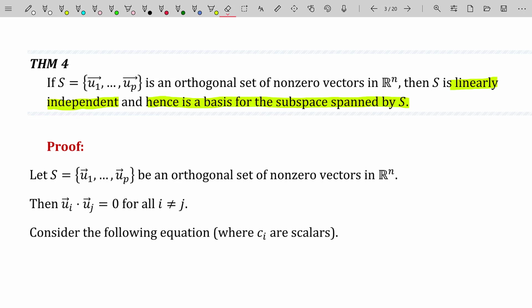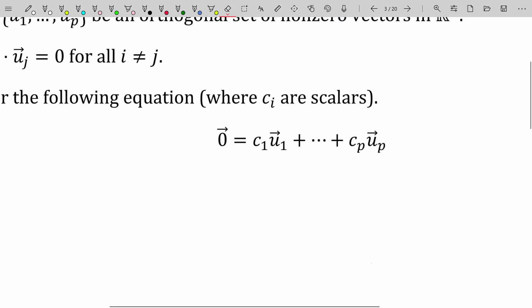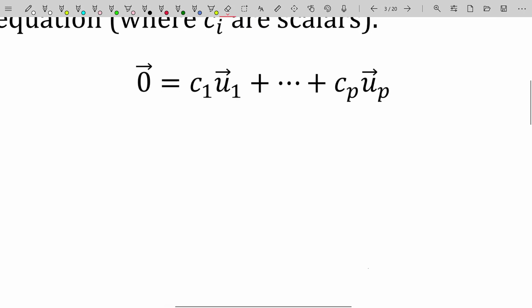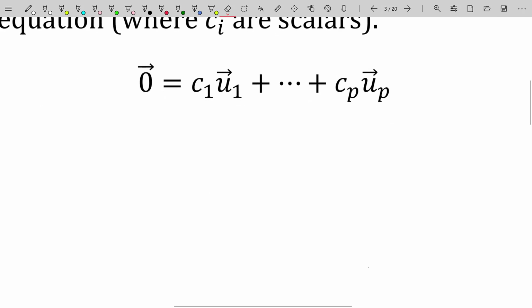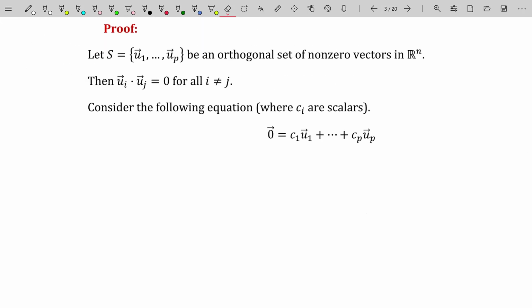So let's consider the following equation where the constants that you see right here are scalars. You probably should remember that equation. That's the linear dependence relation. This is how we're going to either show that a set of vectors is linearly dependent or linearly independent. If those vectors are linearly independent, then all those constants, the c sub i's, should be 0, the only solution to that equation, but we're trying to prove that.